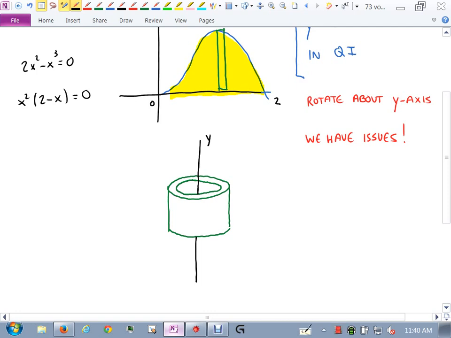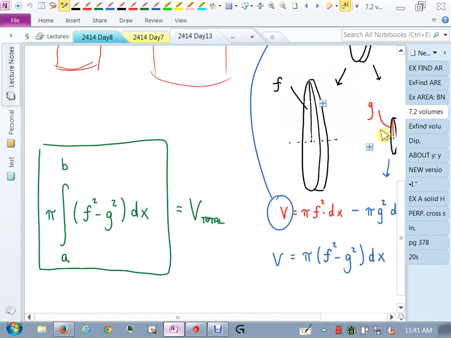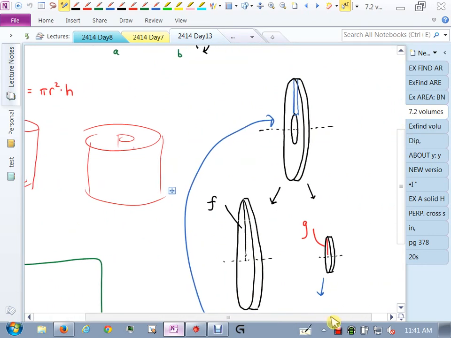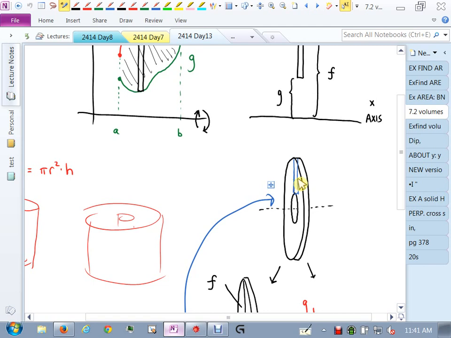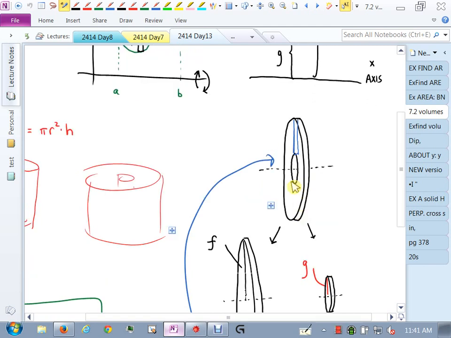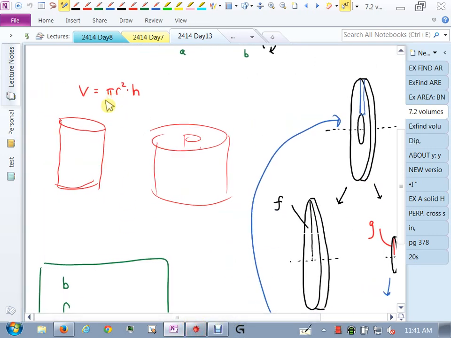Now, try and remember what we did when we came up with the formula pi integral f squared minus g squared, which was this right here. Remember what we did when we came up with this formula? We said if we're going to rotate this around, we get this washer, and we went off trying to find the volume of that washer. We tried to come up with a formula for the volume of that washer, right? And the volume came out pretty naturally because we knew the volume of a cylinder, right?